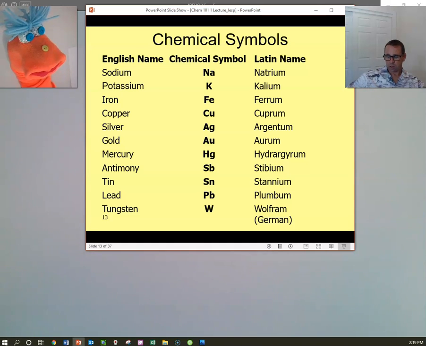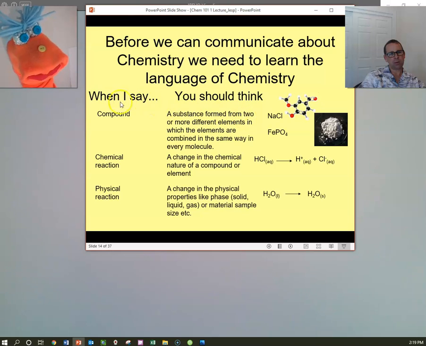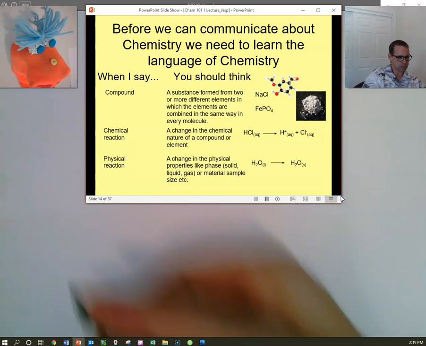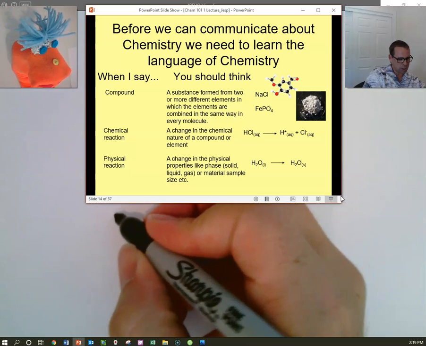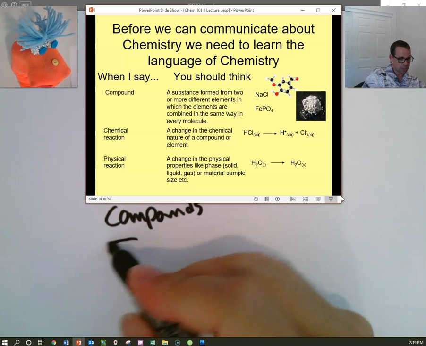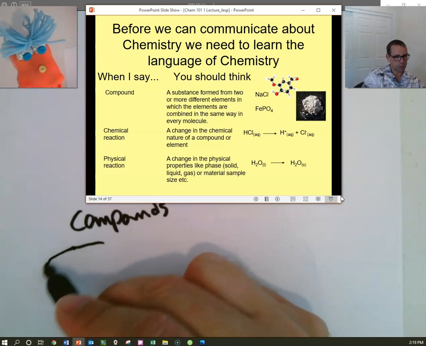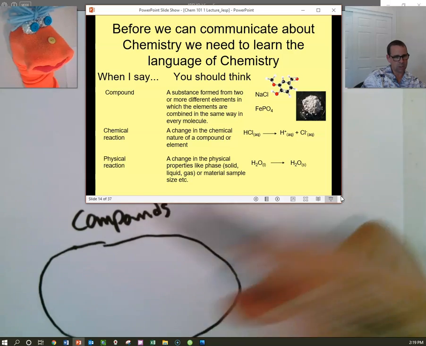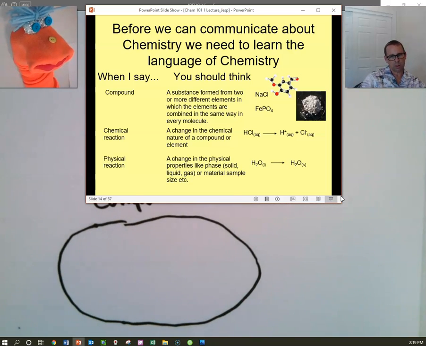Now, other words that we want to become familiar with: compound. Let me draw you a diagram where we think about the different kinds of compounds. So if I'm going to draw all of the compounds that I have in chemistry, or at least the majority of the ones that we're going to learn about in this class, here are all of my compounds.